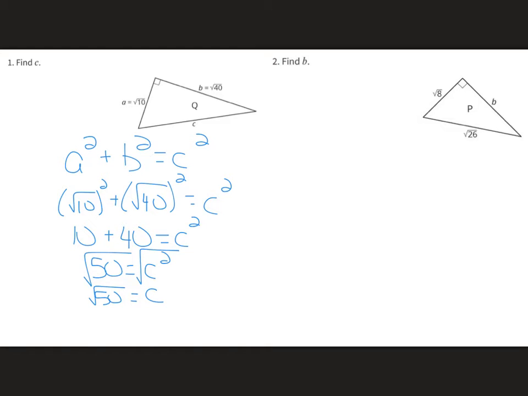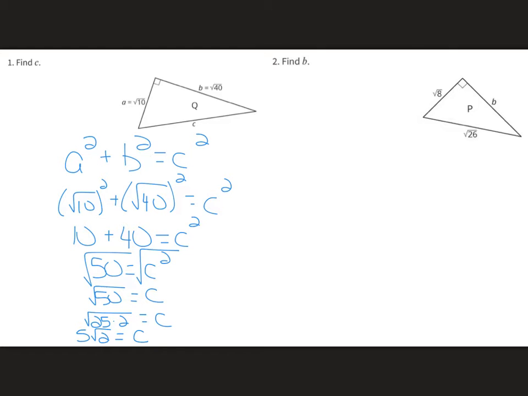But the one thing we want to look at, if it says to find it exactly or to not get a decimal, is can I simplify this? And I can. So the square root of 50, that's 25 times 2, equals c, so that would be 5 root 2. So the length of that hypotenuse is 5 root 2.